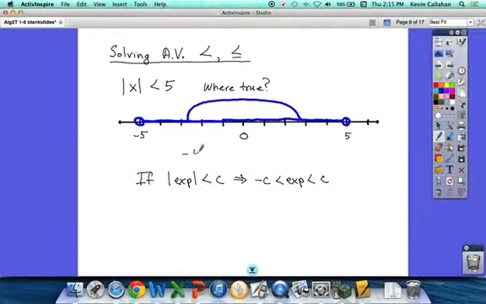Negative 5 is less than x is less than 5. So on the left, it's bounded by negative 5. On the right, it's bounded by 5. And the shading, the x, is everywhere in between.